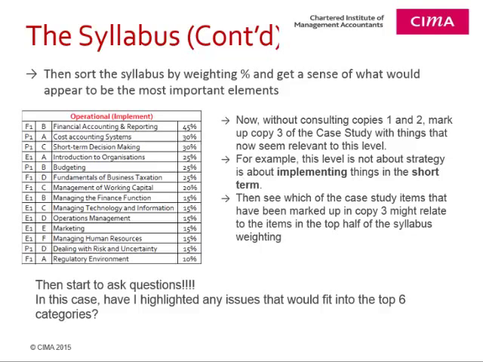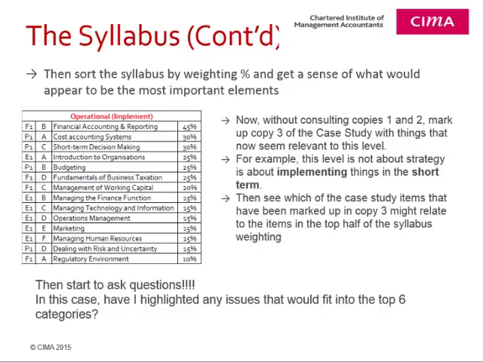So now, without consulting the copies of the case study 1 and 2, just leave those aside, take copy 3 of your case study and mark it up again with things that now seem relevant, having understood that the operational level is about implementation, it's about the short term, and the things that are going to be important are probably going to be the top part.